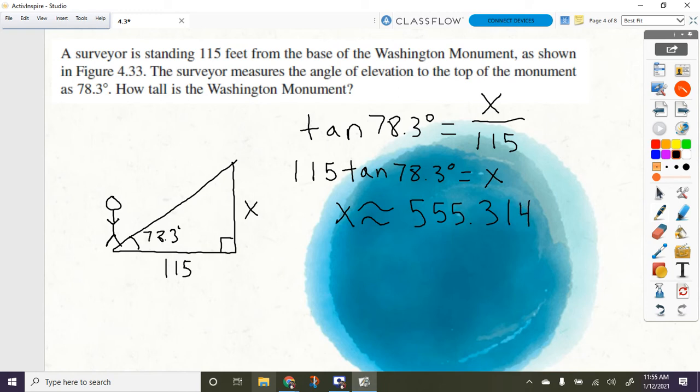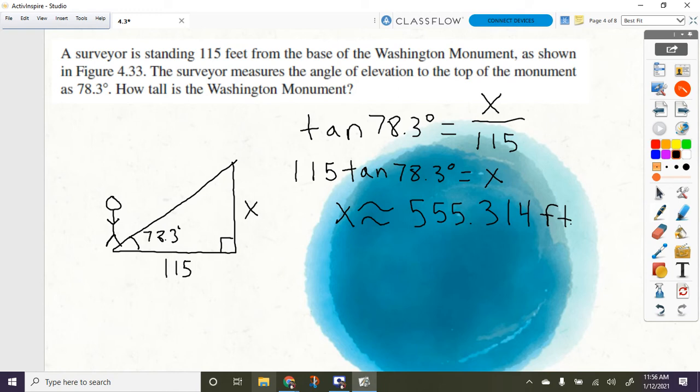How do you change it from radian to degree? Okay, what is my unit on this? Feet. And the Washington Monument is actually 555 feet tall.